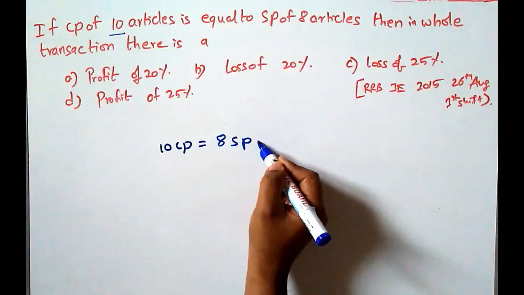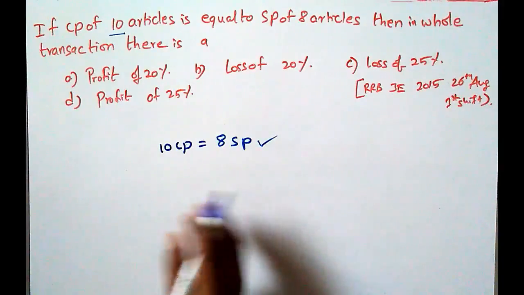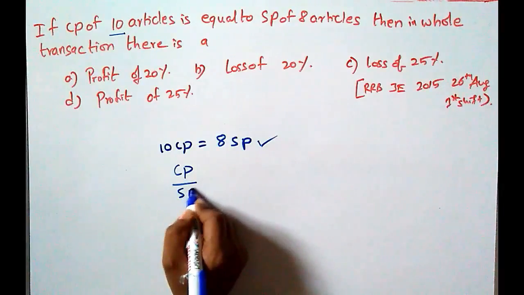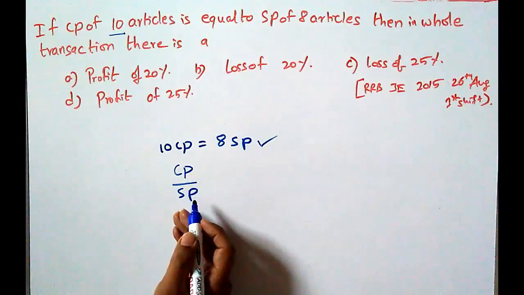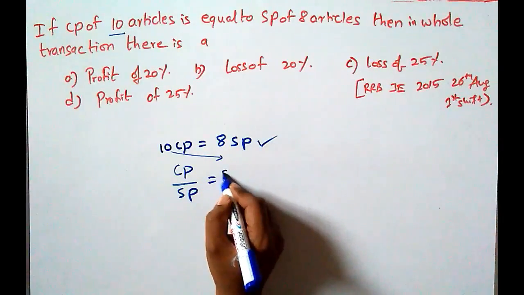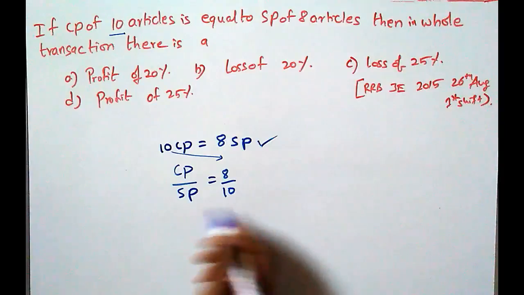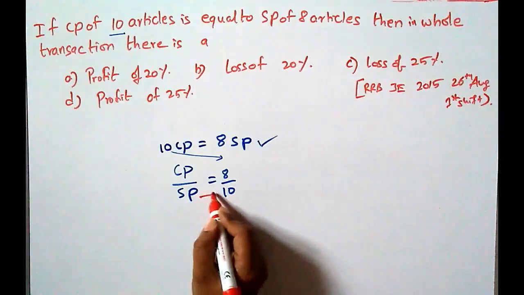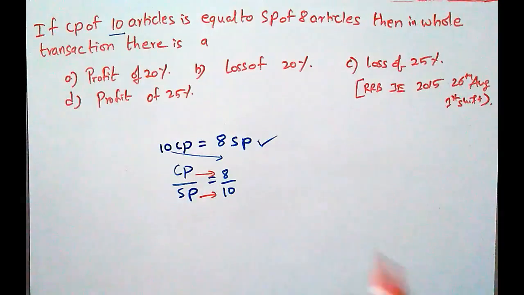If you form this equation, then the problem is done. CP by SP: bringing that SP this side and taking that 10 the other side, 8 by 10. From this you can see that SP is 10 parts, CP is 8 parts.